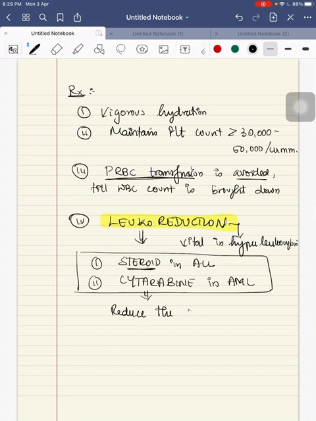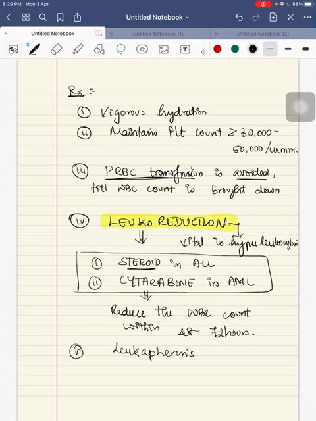When you initiate this therapy, steroid in ALL and cytarabine in AML, this can reduce the WBC count within 48 to 72 hours.